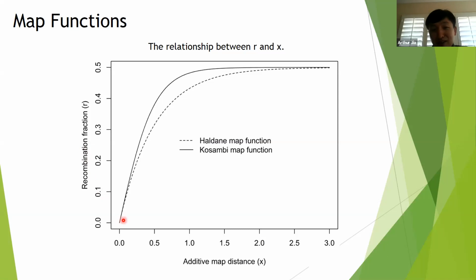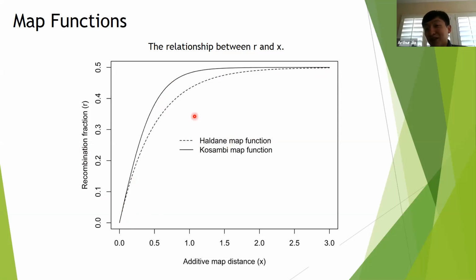At the beginning, when we talk about the genetic distance between two loci, if the distance is very small or very large, these two functions agree with each other quite well, right? So they are very close to each other. The only difference between these two map functions is in here. So in two extreme cases, when the map distance is very small or very large, these two functions will give you the same results.